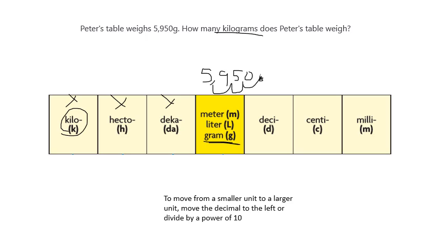There are no places to put a zero. So since I moved the decimal, that's where I'm going to stop the decimal. And so I'll end up with 5.950, or just regular 5.95 as my answer.